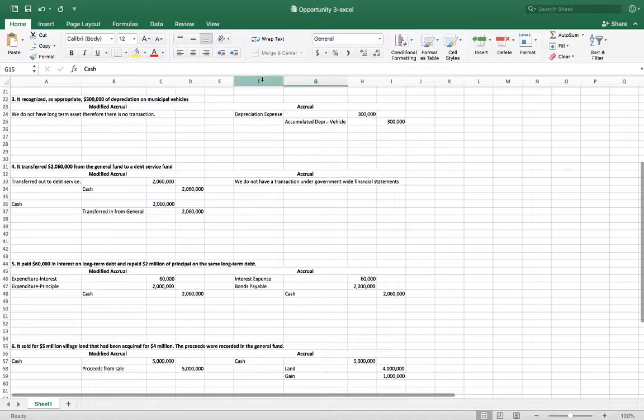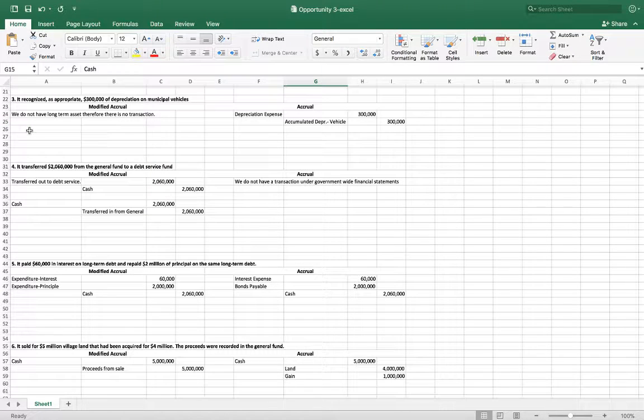Okay, moving over to the third example, it recognized as appropriate $300,000 of depreciation on the municipal vehicles. So under the modified accrual method, we're not going to have a transaction on this one because there's no long-term assets, so therefore we don't need a transaction.